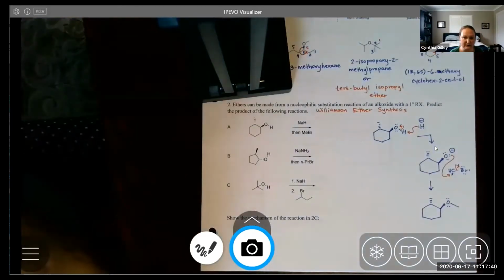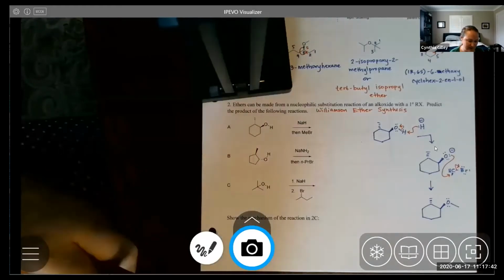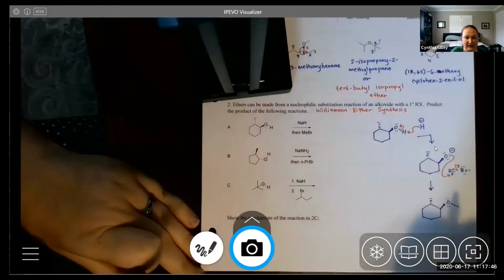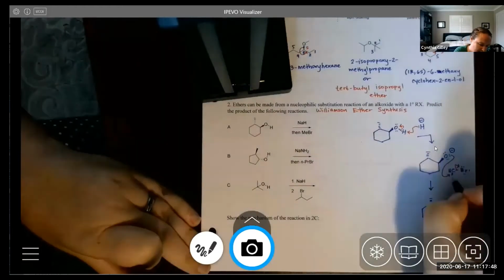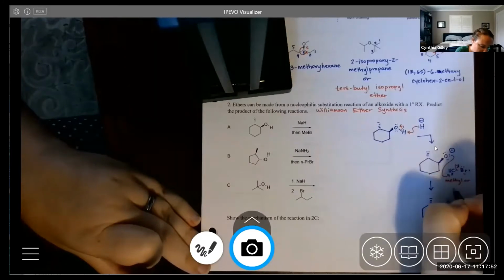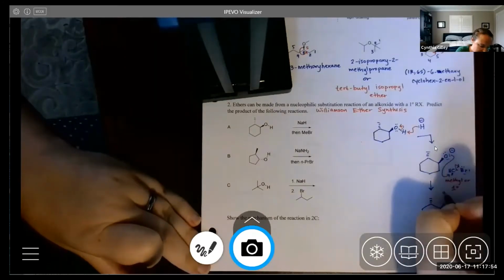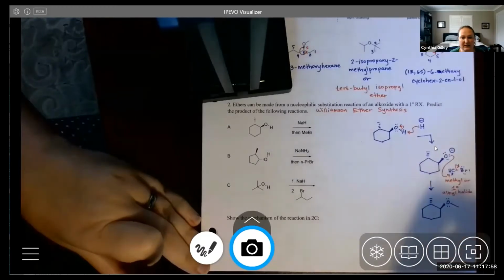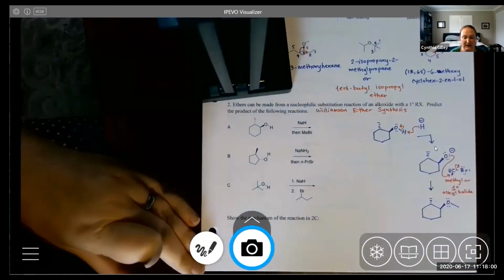The only real limitation here is that the alkyl halide needs to be either methyl or primary. And that's because you are doing an SN2 reaction. So for an SN2 reaction, it is best if it is a very unhindered alkyl halide like methyl or primary.